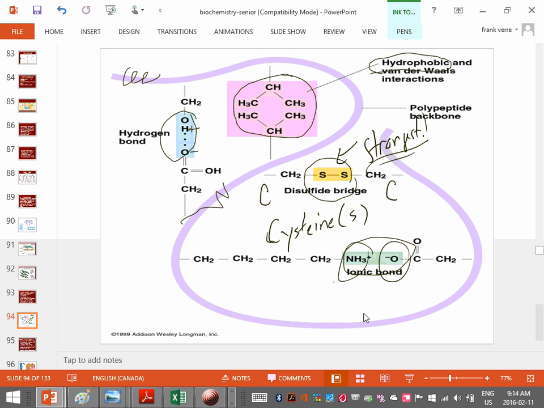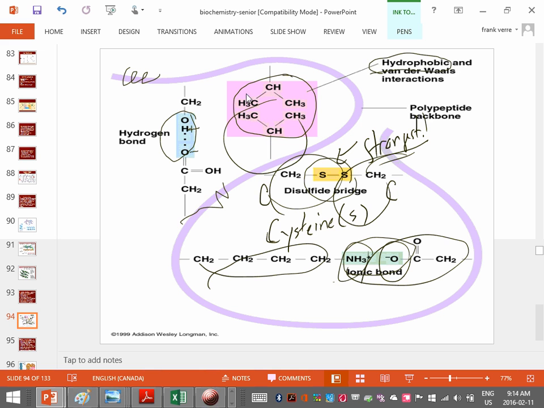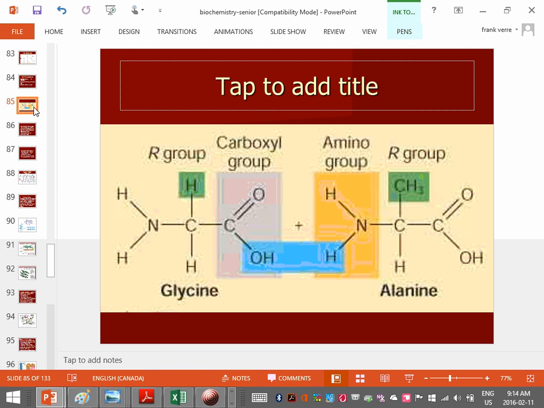Now, let me explain what these things are. So you see all this stuff here, those are all the R groups. So if you go back to an amino acid, remember, an amino acid, they're all the same except for what? Except for this part here.